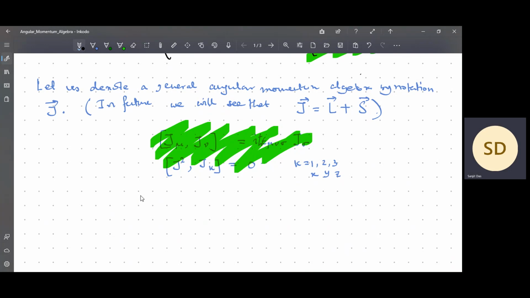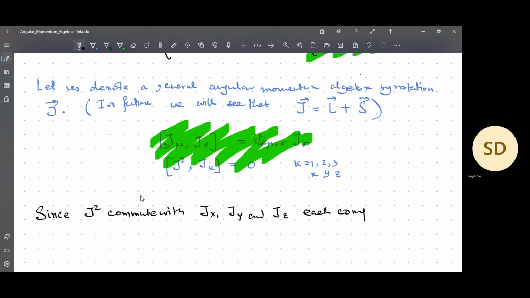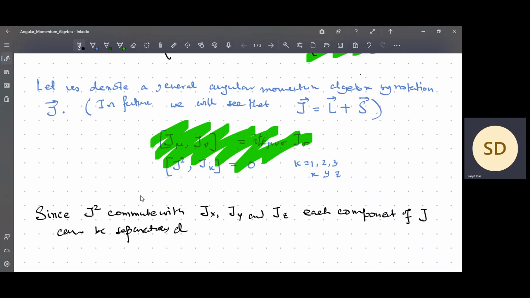Since J square commutes with Jx, Jy, and Jz, each component of J can be separately diagonalized.